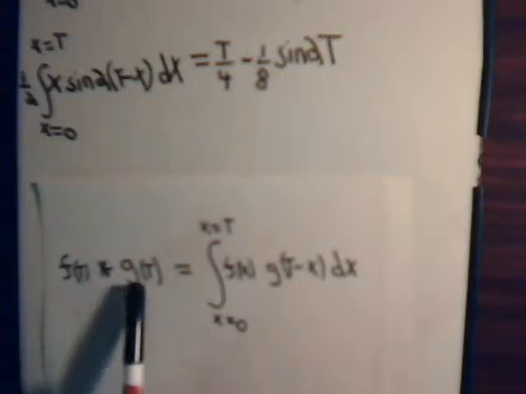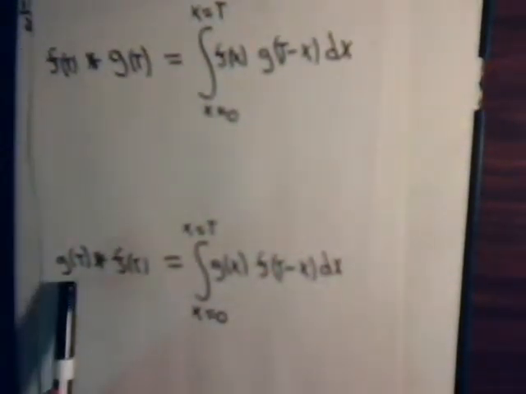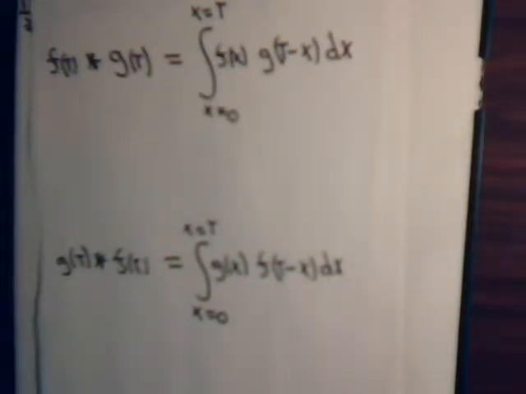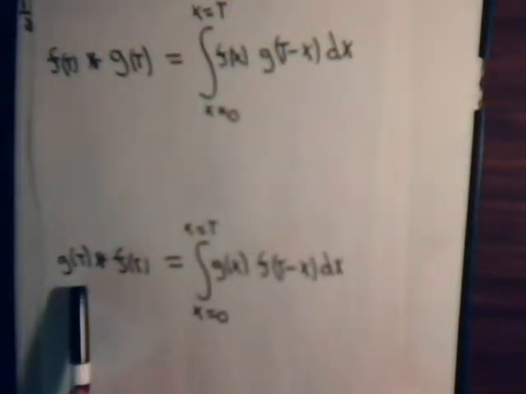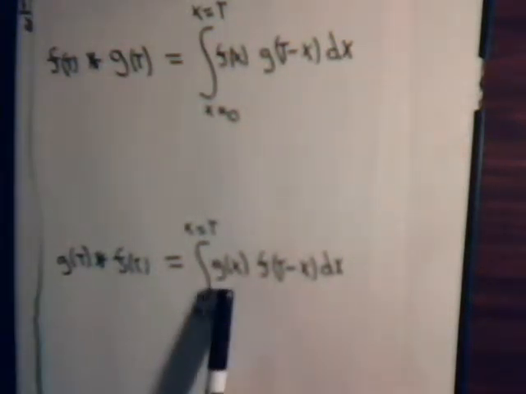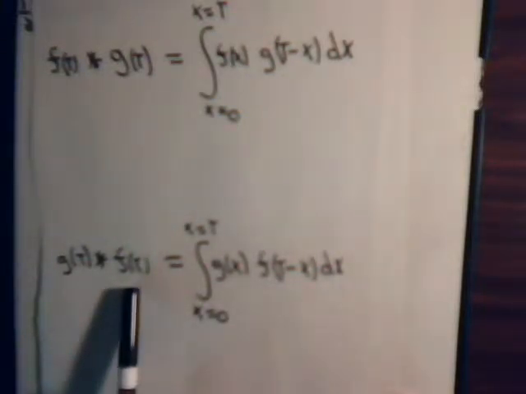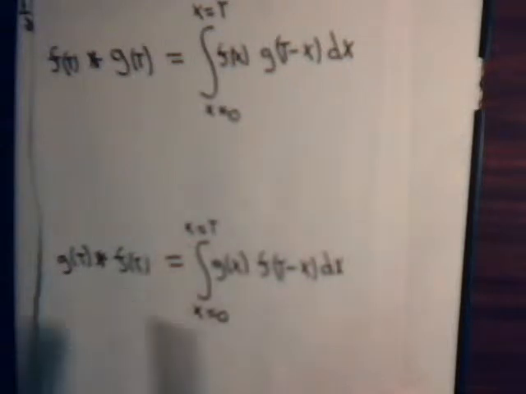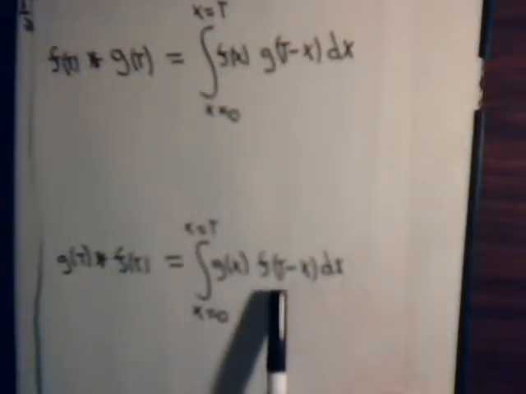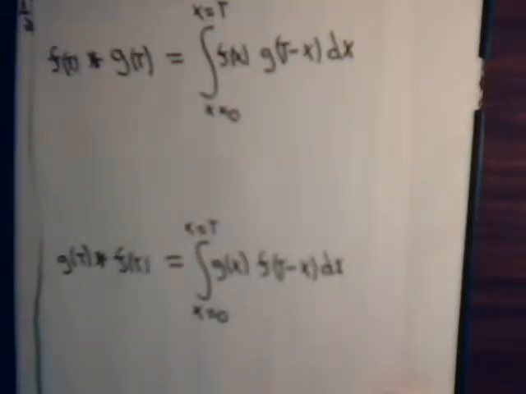And if we write our functions down in the opposite order, like this, again we apply the same set of rules. This would be not g of t, but inside the integral, g of x, and for the function on the right-hand side of the star, inside the integral, it's not f of x but f of t minus x, where now the variable is x and t is treated as a constant.